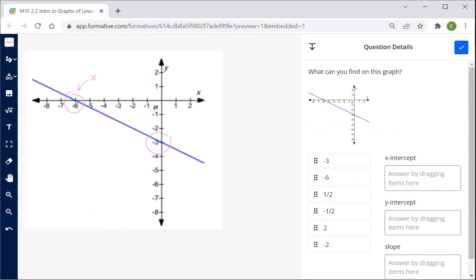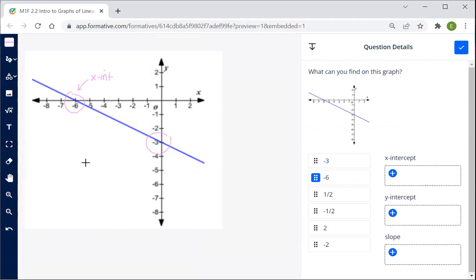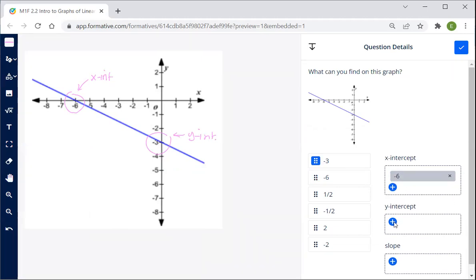This one is the x-intercept because it's going through that horizontal axis. The other one is going through the y-axis, so it's the y-intercept. So -3 is the y-intercept.